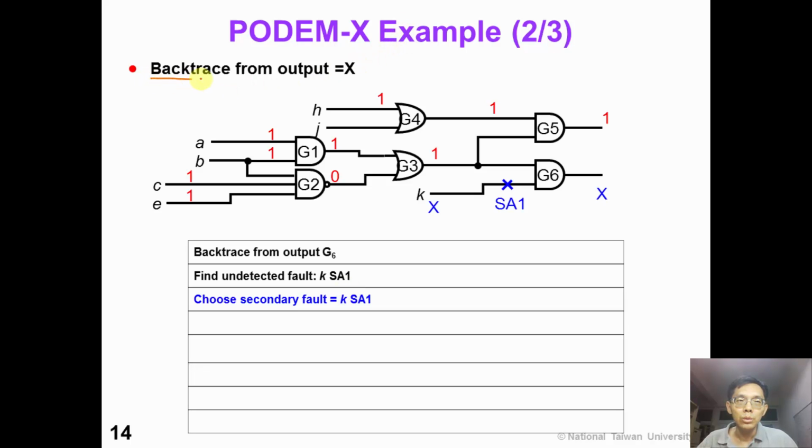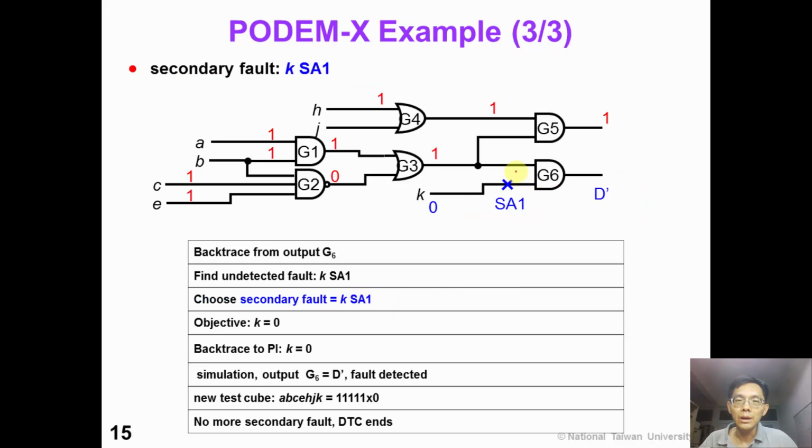After that, we backtrace from the output with an unknown value. In this example, the lower output has the value X. So we backtrace from this output to the input. Along the backtrace path, we find that K stuck-at-1 is still an undetected fault. So we decide to choose K stuck-at-1 as the secondary fault.